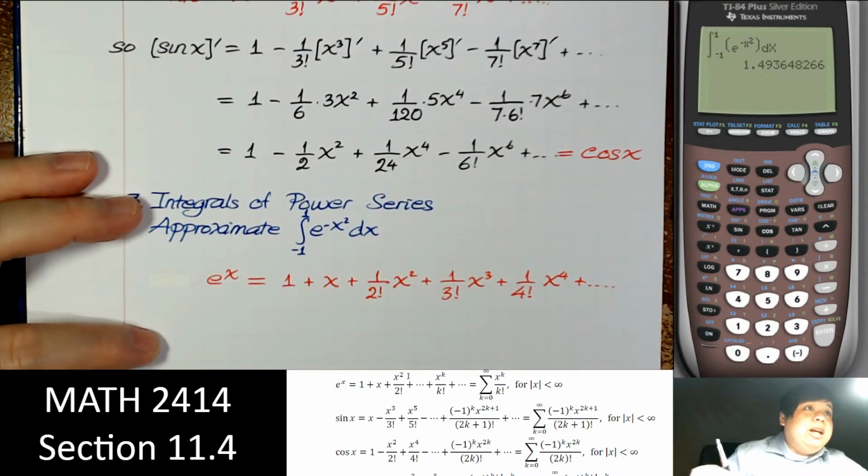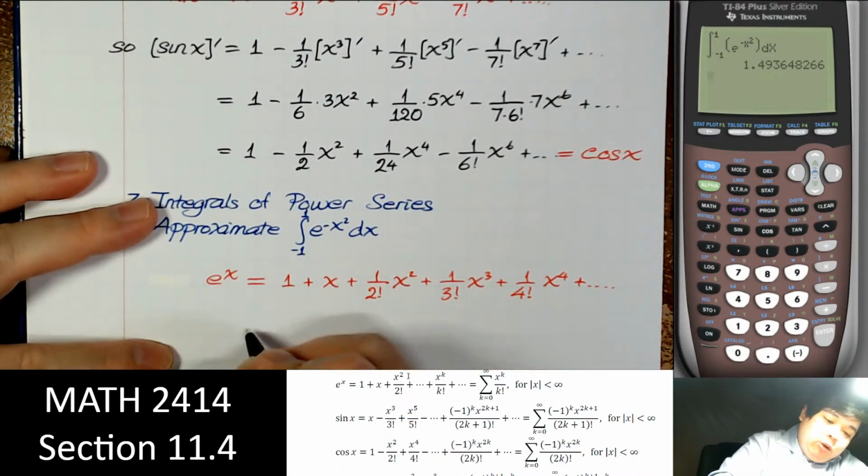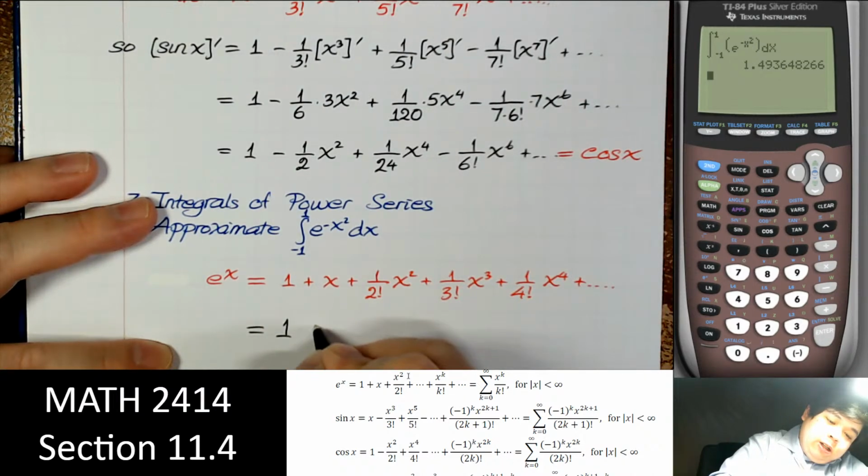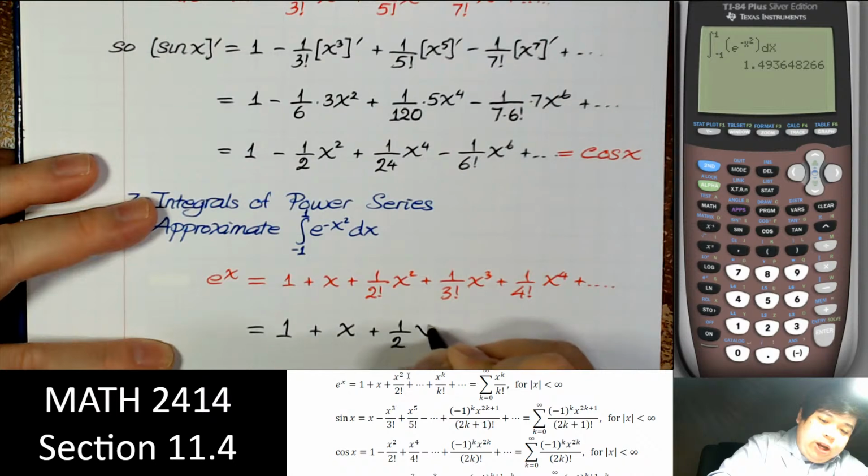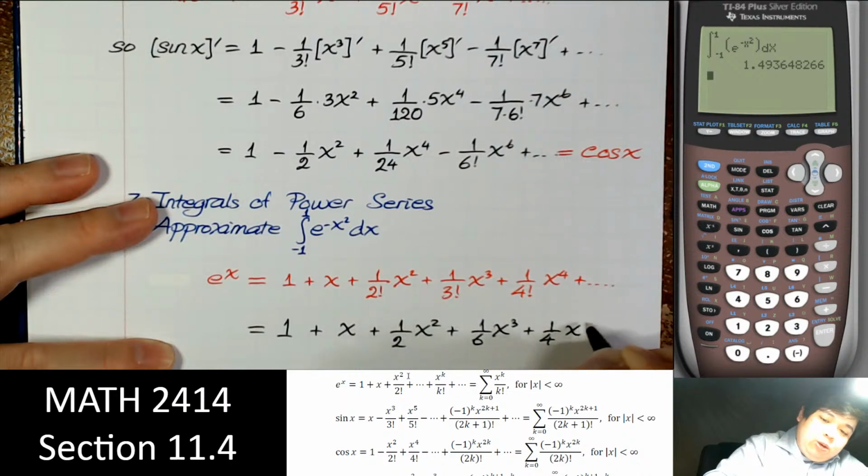Let's just rewrite this: 1, x, 1/2 x squared, 1/6 x cubed, and 1/24 x to the 4th.